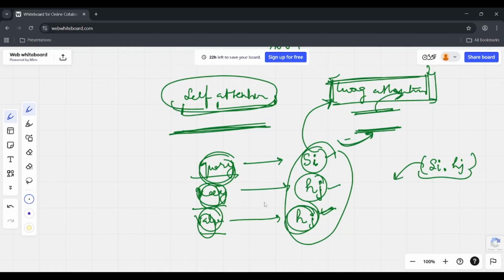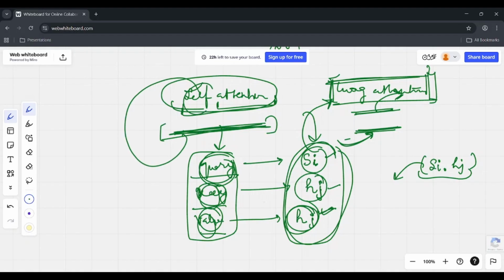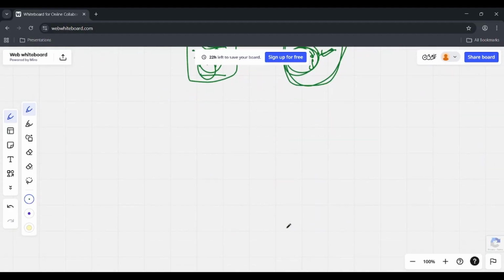So this is also attention, this is also attention. Here we have two sequences involved, and here we have a single sequence involved. And since we have a single sequence involved and we are focusing only on that sequence, that is why it is called self-attention.